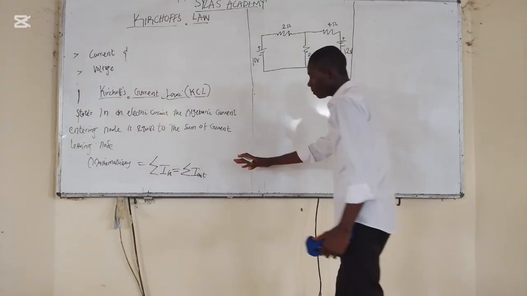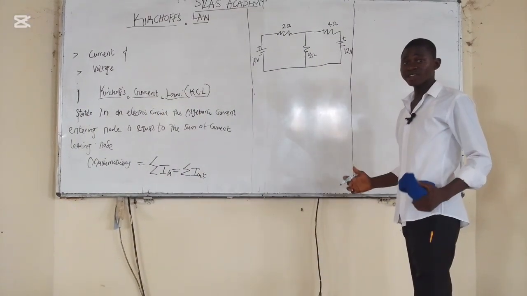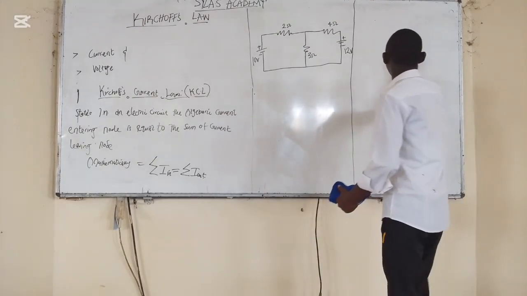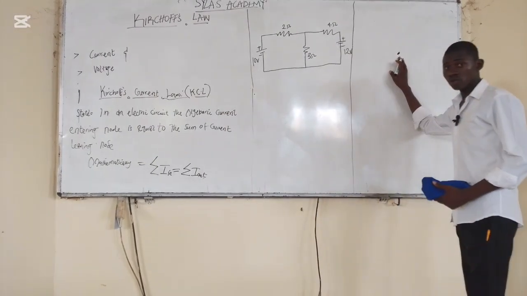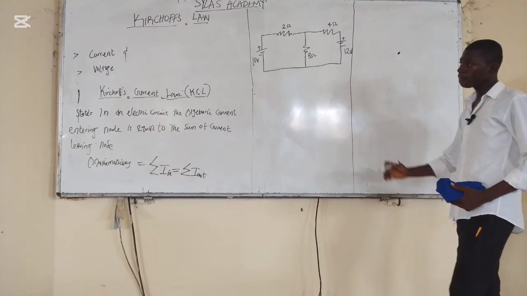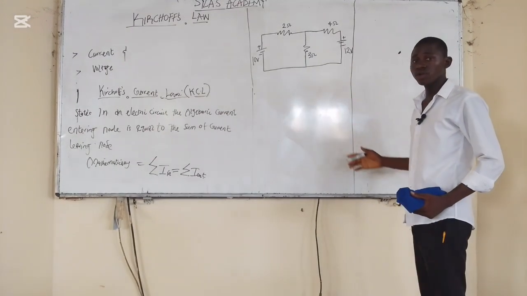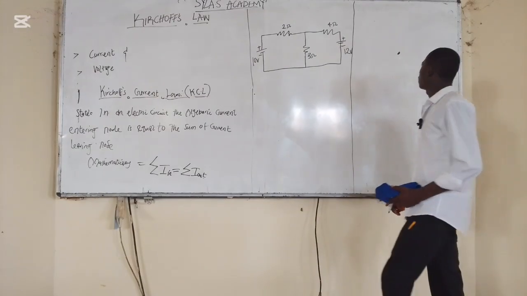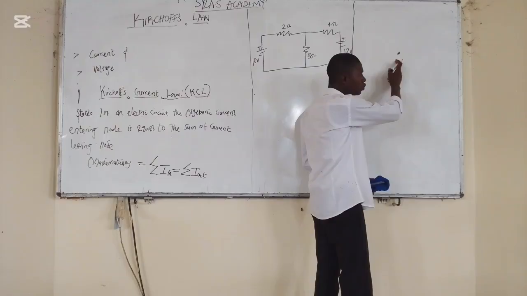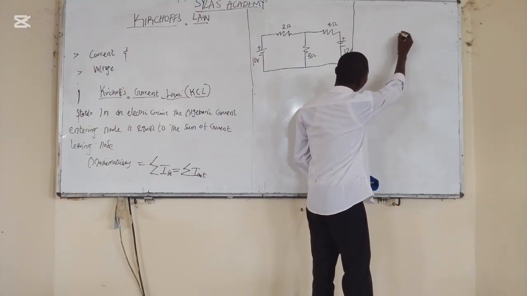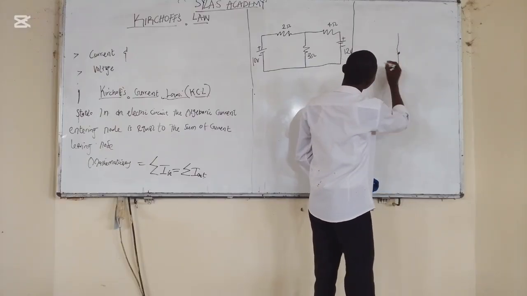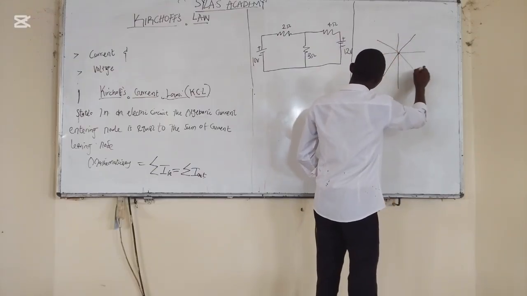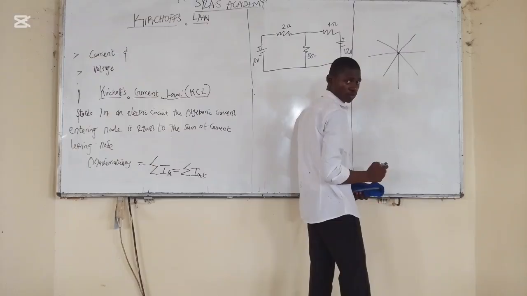Okay, now, having this thing like this, diagrammatically, how are we going to explain it? In a node, let's take this point to be a node. The law states that the algebraic sum of current entering the node is equal to the current leaving the node. You have something like this, and this is your point of node.